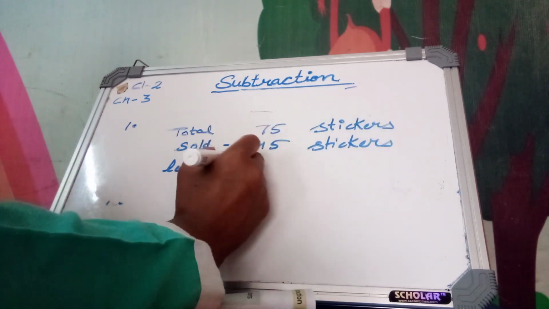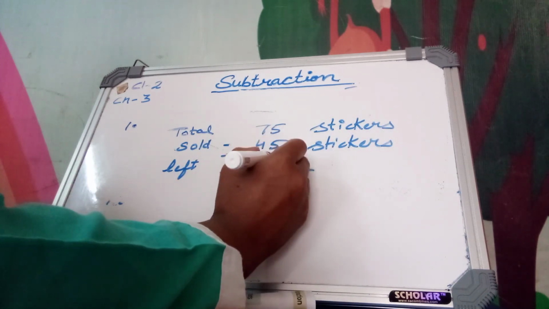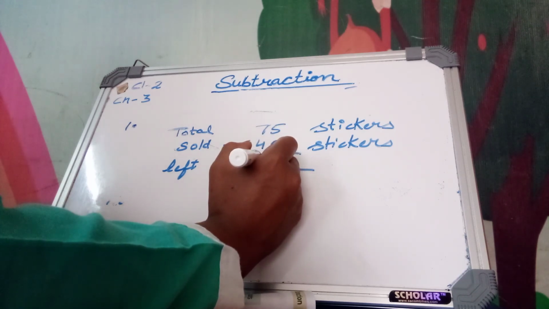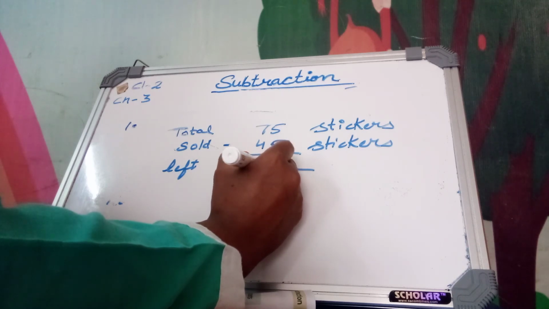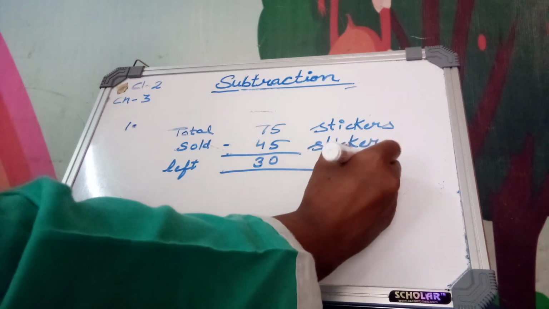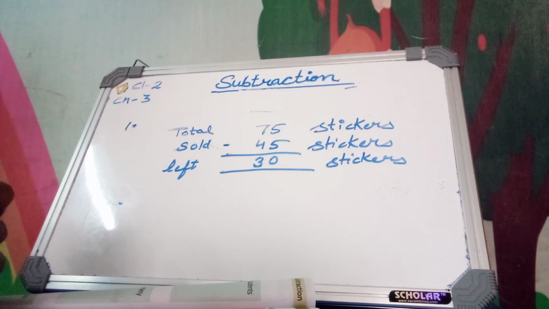Now subtract. 5 minus 5, 0. 7 minus 4, 3. How many stickers were left? 30 stickers.